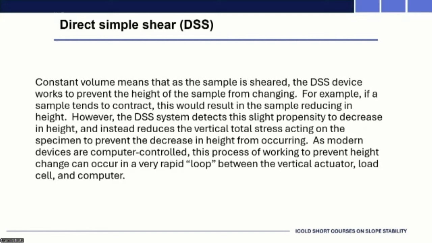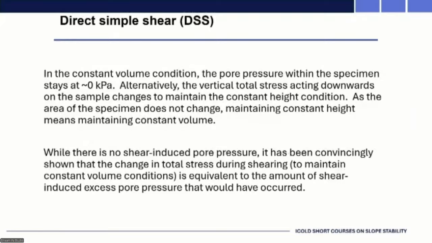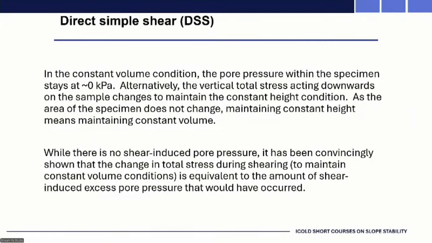The trouble is, how do we measure pore pressure? Well, we don't, but what you do, and there's been pretty convincing work on this, is that you say that the change in vertical stress that you need to keep the volume constant is the same as the change in pore pressure you would have had if it is truly undrained. Now that seems like a bit of a stretch, but there's a lot of convincing work that shows that that's not a bad equivalence.